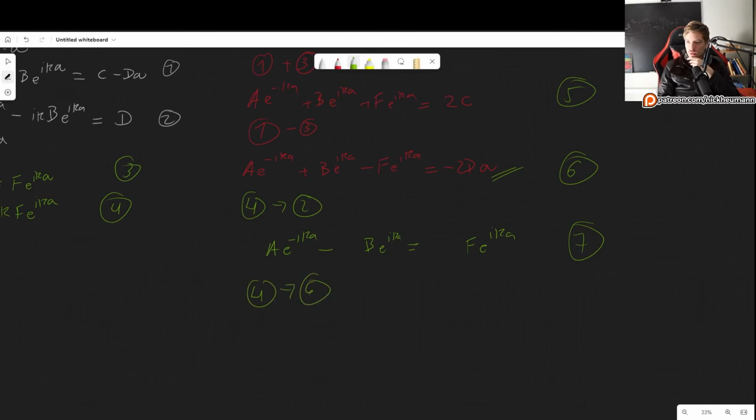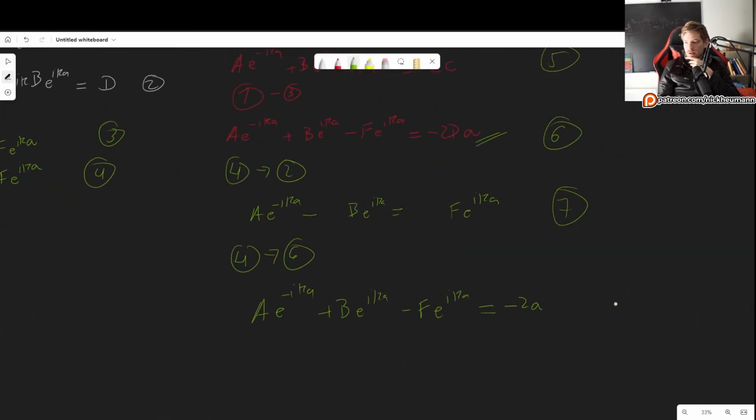So if we do that, we get a e to the minus ika plus b e to the ika minus f e to the ika. This is equal to minus 2a times, now equation 4, ik f e to the ika.